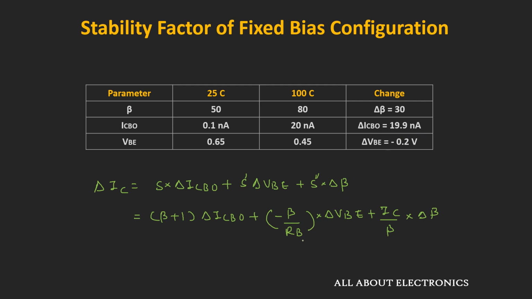And here at the 25 degree centigrade, the value of beta is equal to 50, while the base current IB is equal to 250 kilo ohm. Similarly, the change in the VBE is equal to minus 0.2 volt.